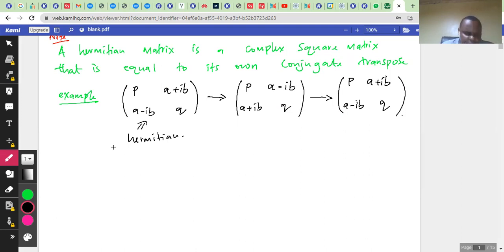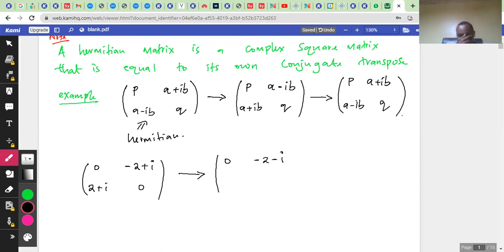So let's try this one. 0, then -2 plus i, and then 2 plus i and 0. So let's find its conjugate. It's going to be 0, 0, minus 2 minus i, and 2 minus i.